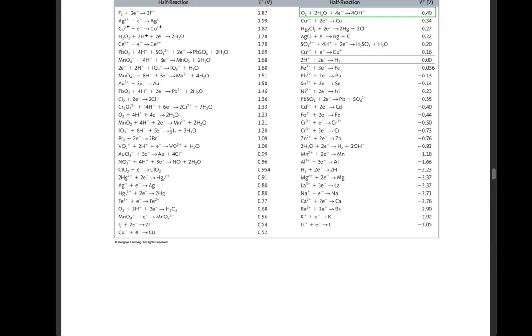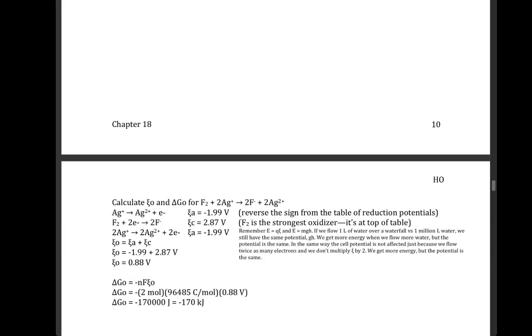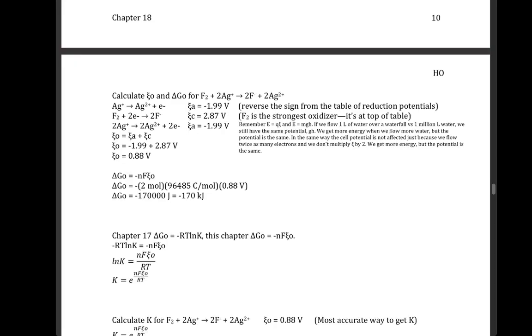That's the second one, and I flipped it around because in this case it's being oxidized. I had to change the sign of the potential. And the fluorine reaction is the one above it, and indeed in our situation here it is being reduced, so we write the reaction just as it is. We don't change the sign of the potential. So that's where we came up with those two half reactions and their corresponding potentials, E sub A and E sub C.